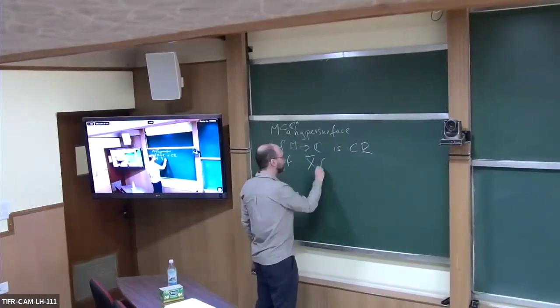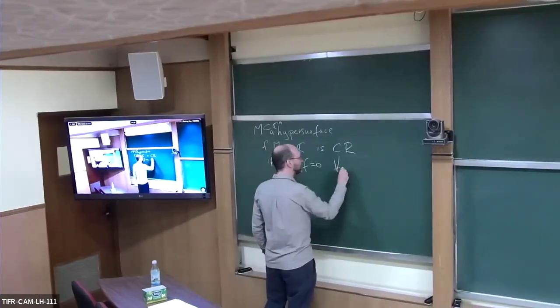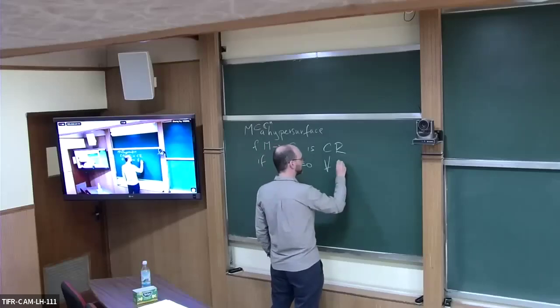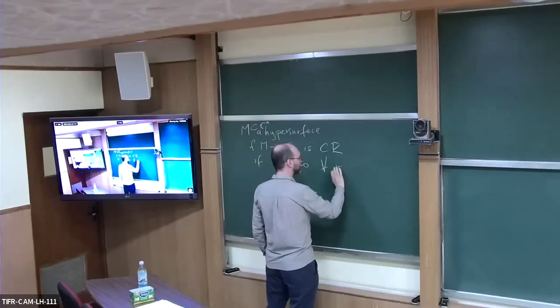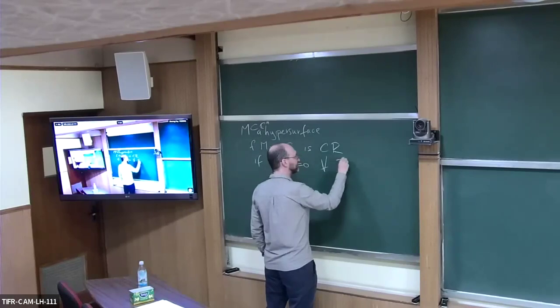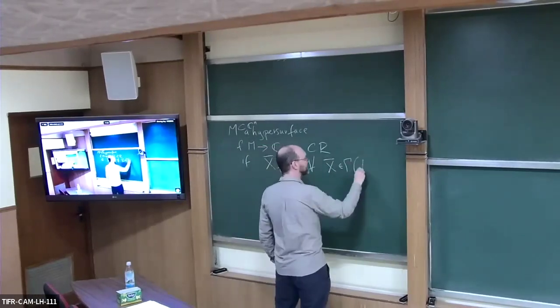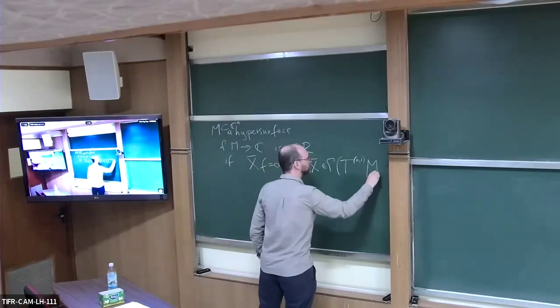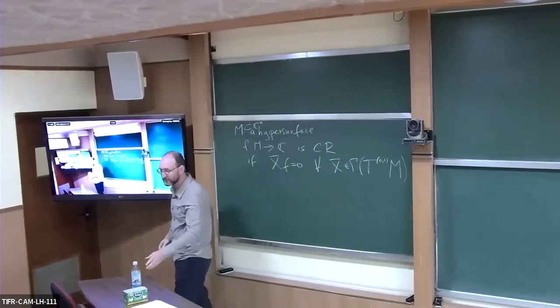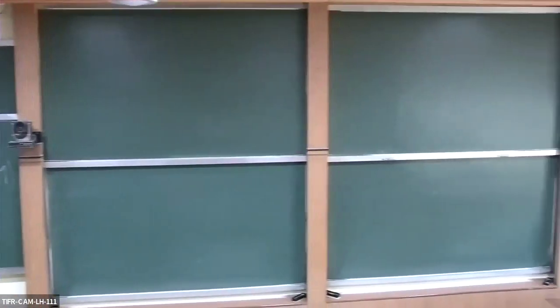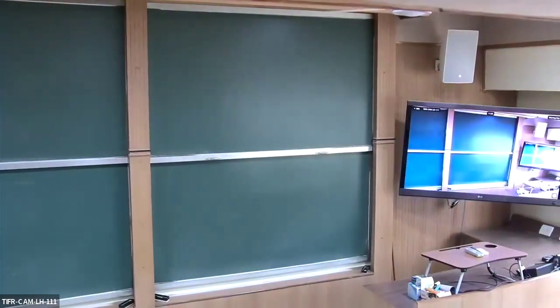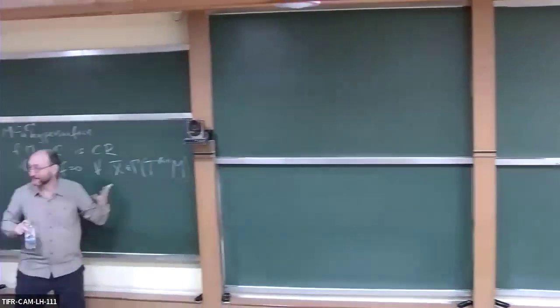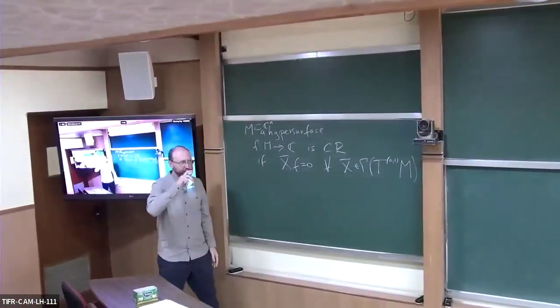So X bar f is 0 for all X bar sections of the 0,1 bundle. Whenever you have a 0,1 vector field, it kills f. Exactly the way that you would do holomorphic functions. If M were Cn, this would be precisely holomorphic functions.